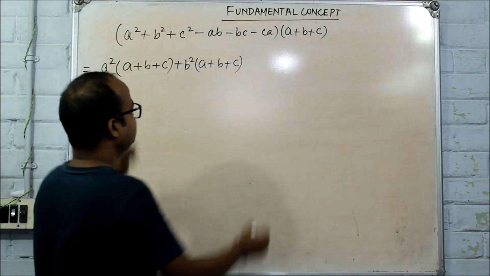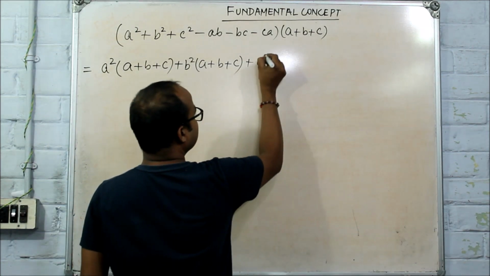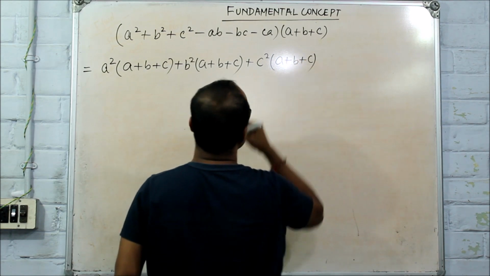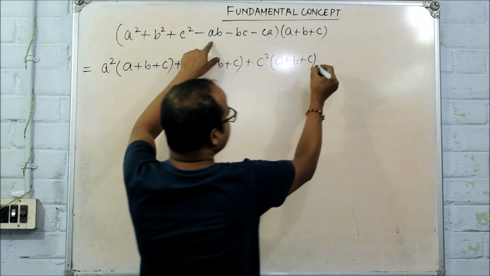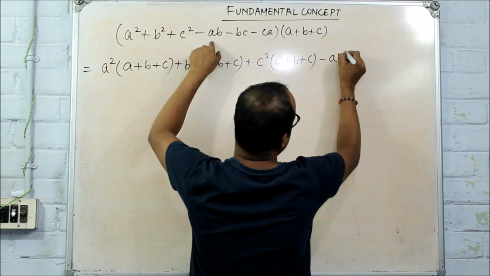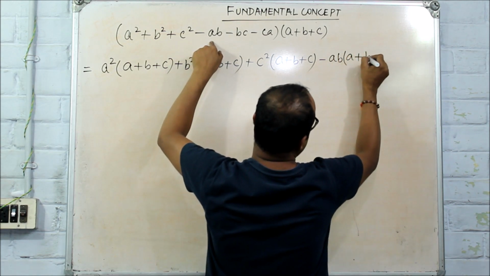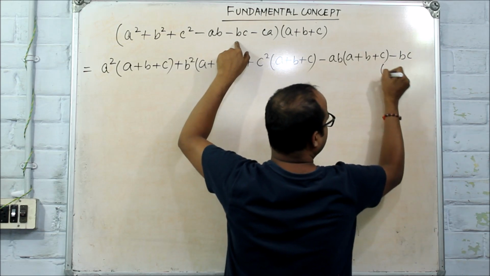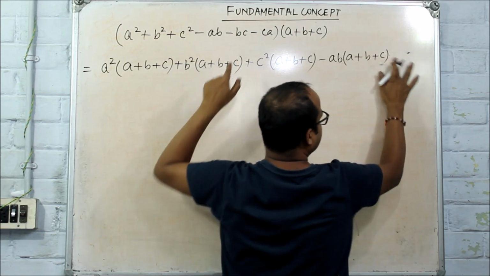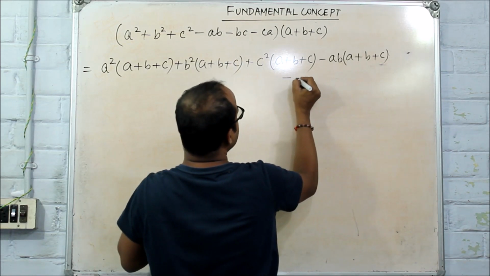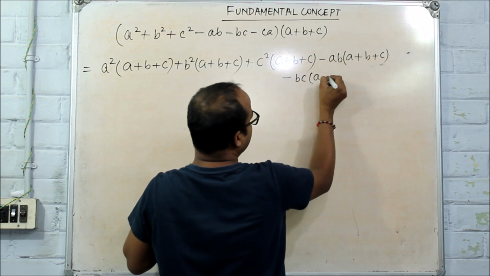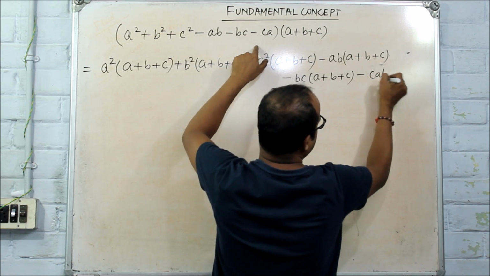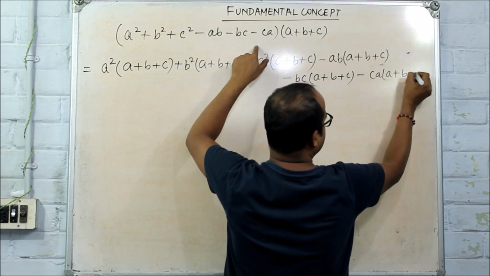Then next is plus c square multiplied with a plus b plus c. Then continue with the same process: minus ab multiplied with a plus b plus c, then minus bc multiplied with a plus b plus c, and then minus ca multiplied by a plus b plus c.